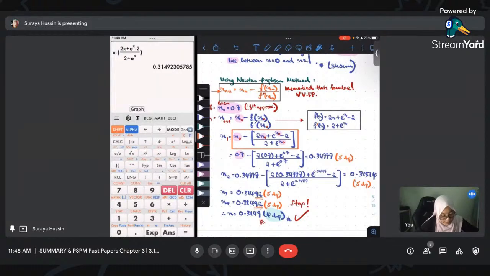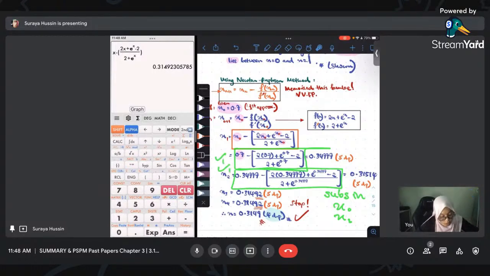So, Miss dekat sini nak menginform pada kamu semua, dalam PSPM punya permakahan, wajib untuk tulis solution kita sebanyak 2 kali. Wajib tulis sub in the value of x0 and x1 sebanyak 2 kali. Mesti tunjuk.